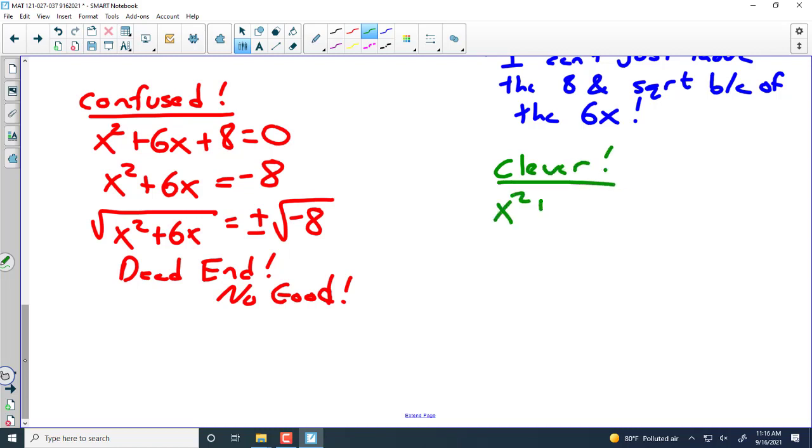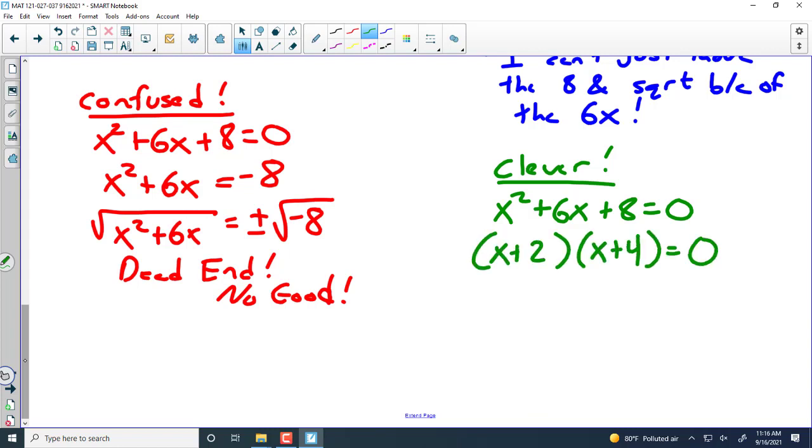The seasoned math student. How did we solve the other one where we had 3 terms like this? Factor. We factored it. By the way, are you allowed to ask Rachel or myself for help if you have trouble with factoring? Can you come see us? Of course you can. One way that I hate to see people mess up factoring is they forget that after you factor it, you have to set the individual factors equal to 0 and solve for x.